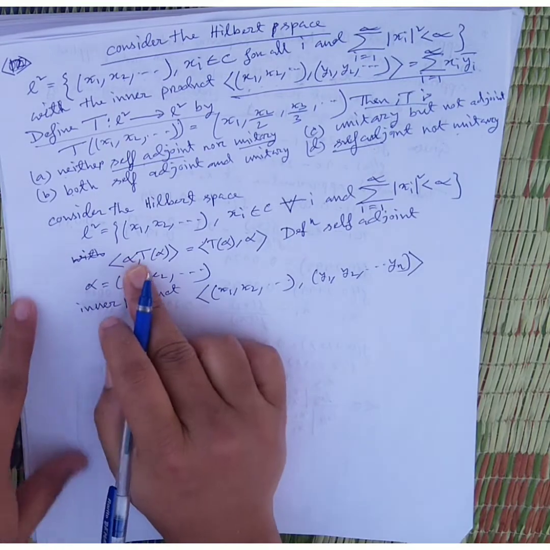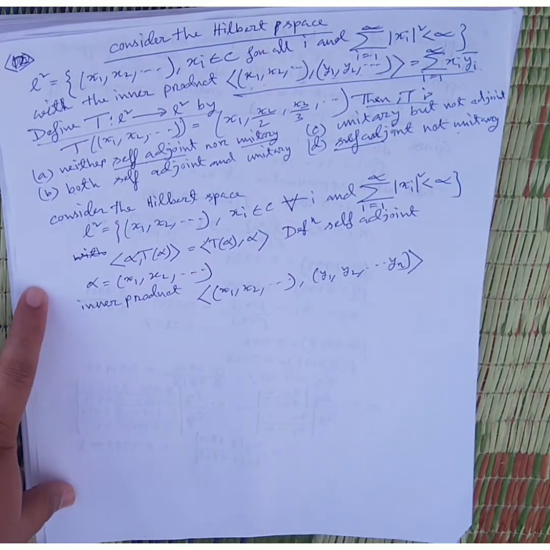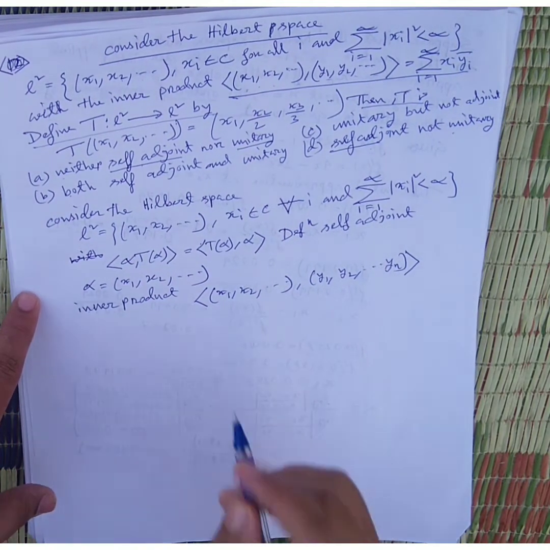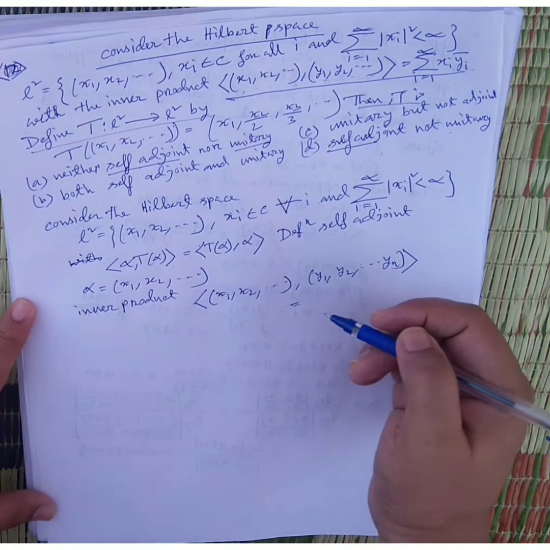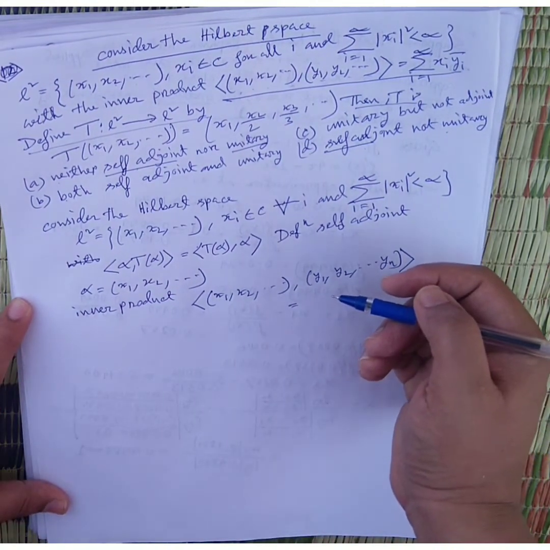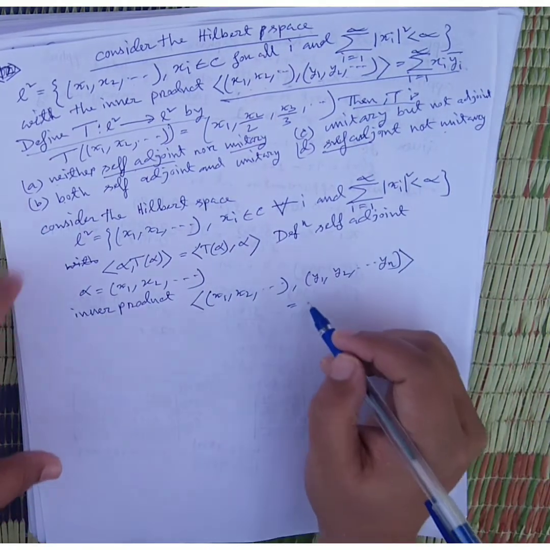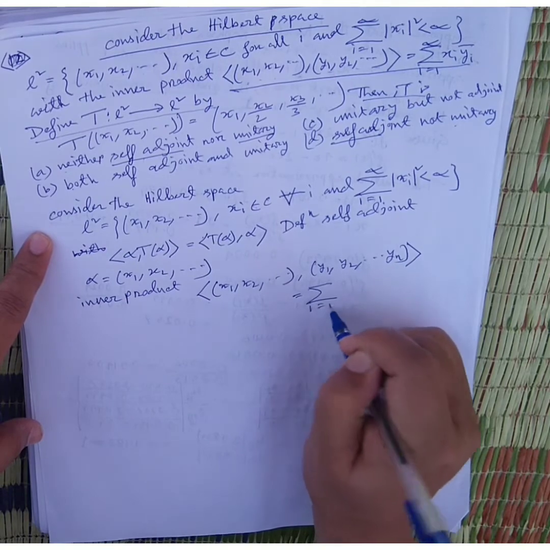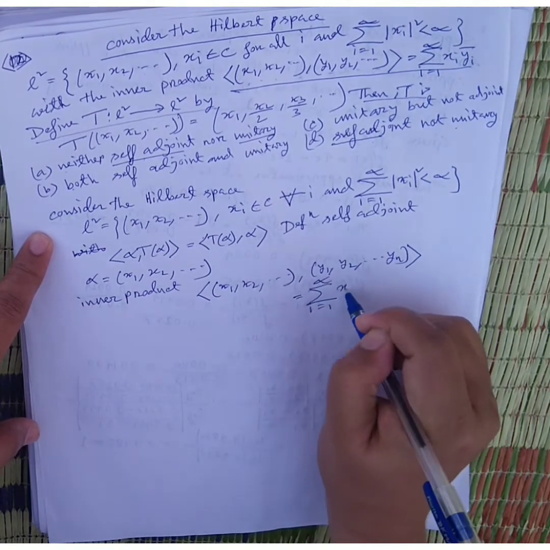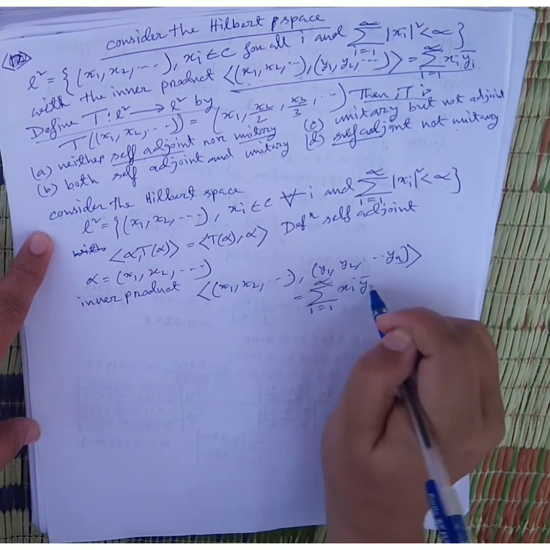I have to test this formula. If it is multiplied, then I get the summation i equals 1 to infinity of xi yi bar.